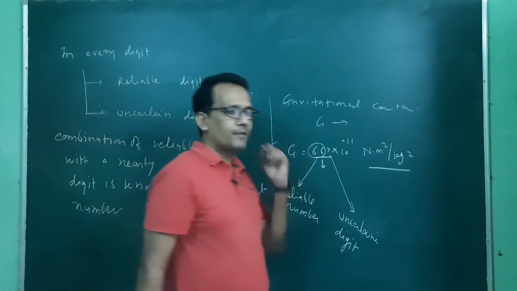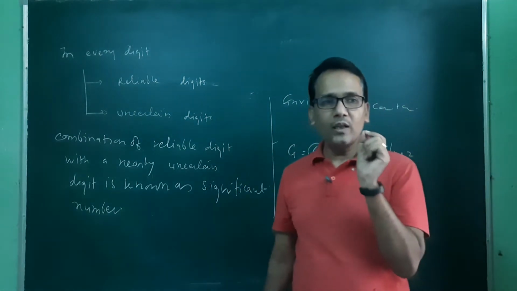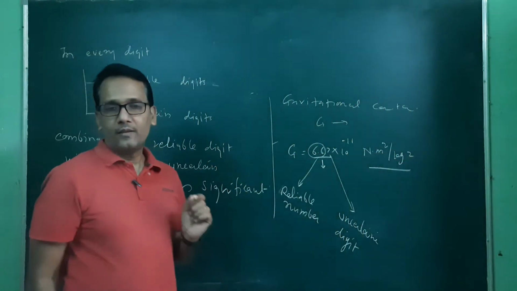So a significant number is the reliable digits with one nearby single uncertain digit.